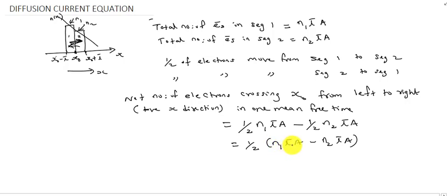And so we can define the electron flux density, phi n of x.